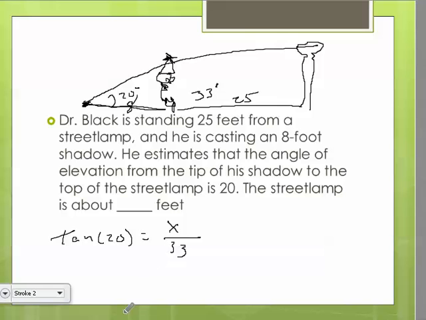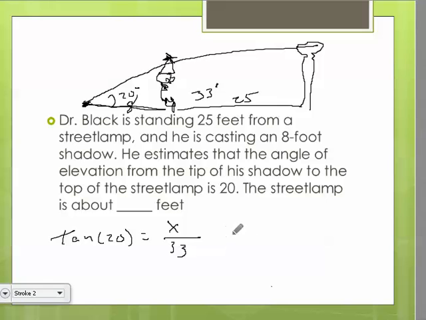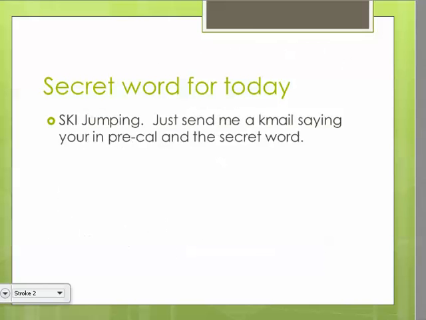And when I multiply this out, I take 33 times the tangent of 20 degrees, and we get 12.01. We get that x is equal to 12.01. That means that street lamp is about 12 feet high. I buy that. Looks like a good answer to me.